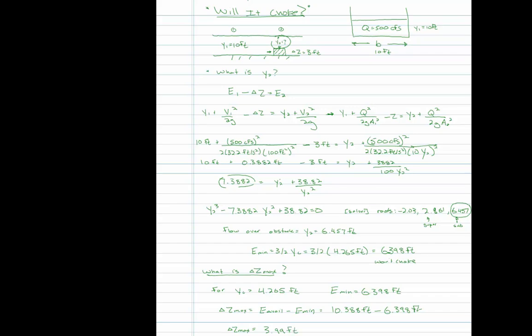And since this 3-foot obstacle that's actually in place is less than the 3.99 feet, then we know that the water can actually flow over that 3-foot obstacle without choking occurring. In other words, there won't have to be pooling at location 1 for enough energy to accumulate before it can get up over that obstacle.